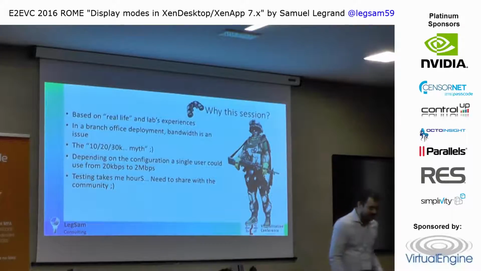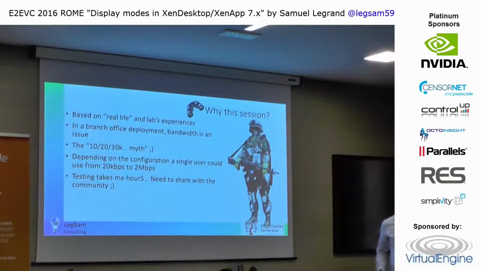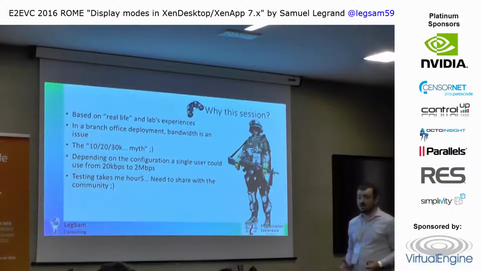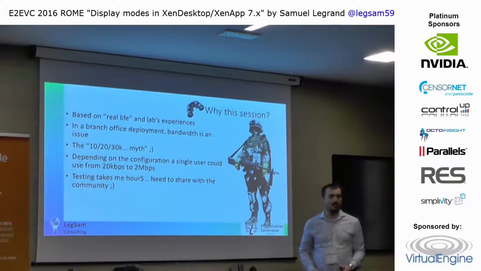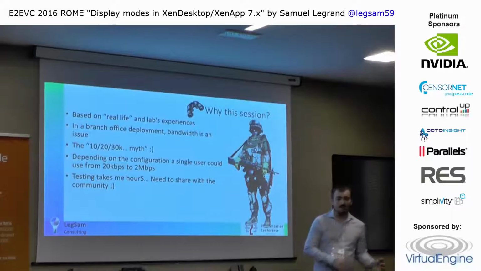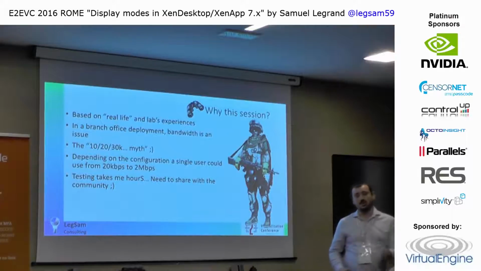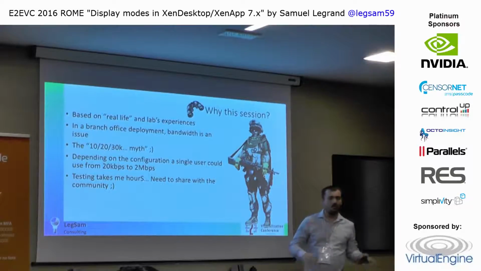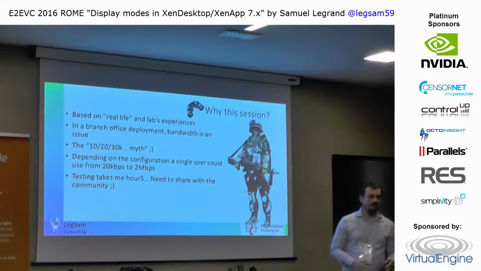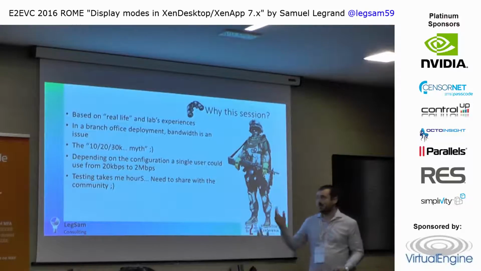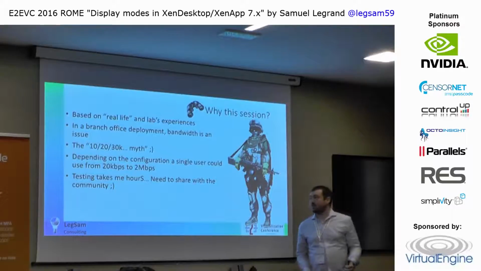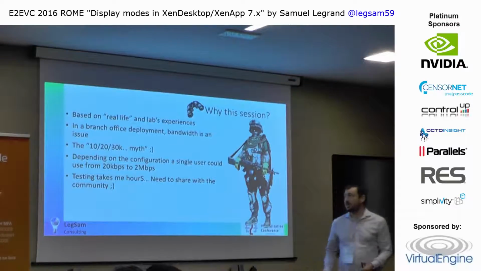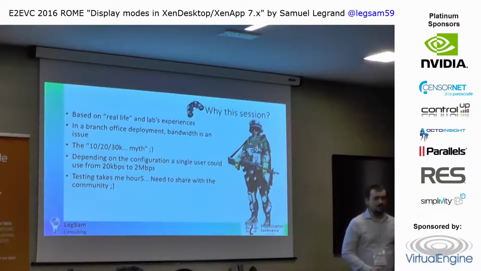So, why this session? It's based on real life and lab experience. One of my customers had a large issue when migrating from XenApp 5 to XenApp 6.x. They were assuming bandwidth of 10K, 20K, 30K, any one meg. It's a branch office deployment with thousands of remote sites and remote locations, and the bandwidth was an issue.